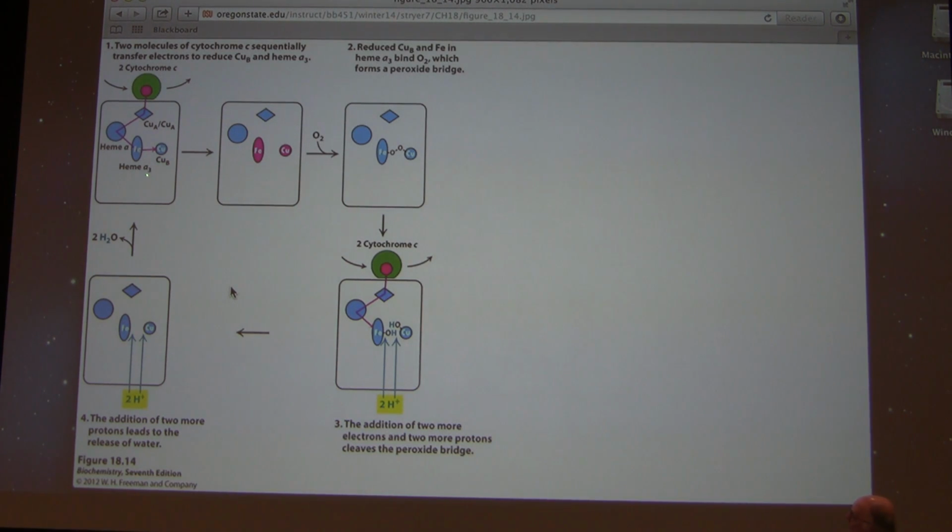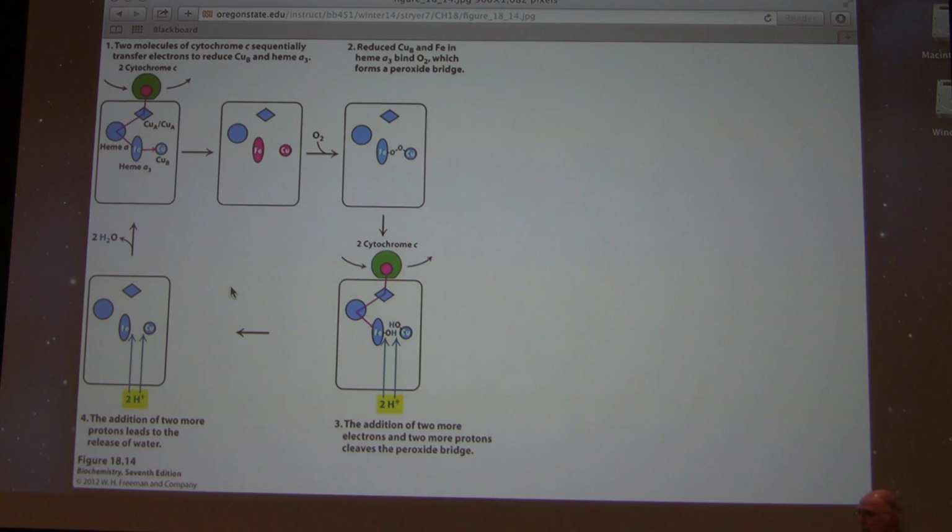So here's the complex, and it's depicting for you where the electrons are going to move through. We're starting out with the addition of 2 electrons, and the addition of 2 electrons causes these guys to be full of electrons. That's what's showing here in the red. So we have an iron in the heme, we have a copper in the heme, and these have electrons, and an oxygen then comes in.